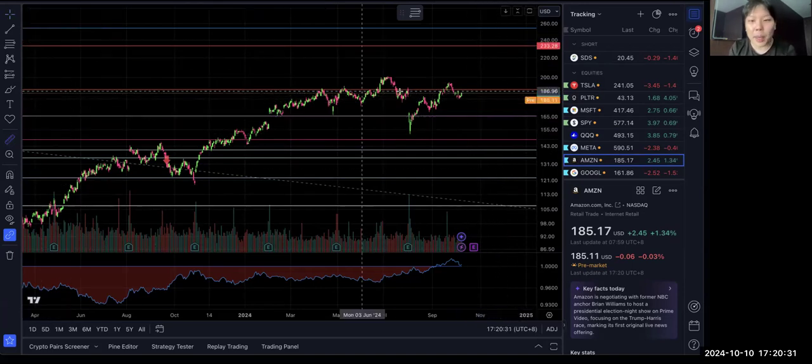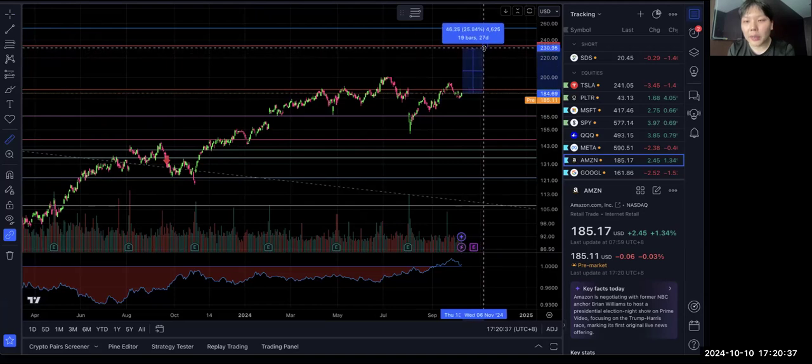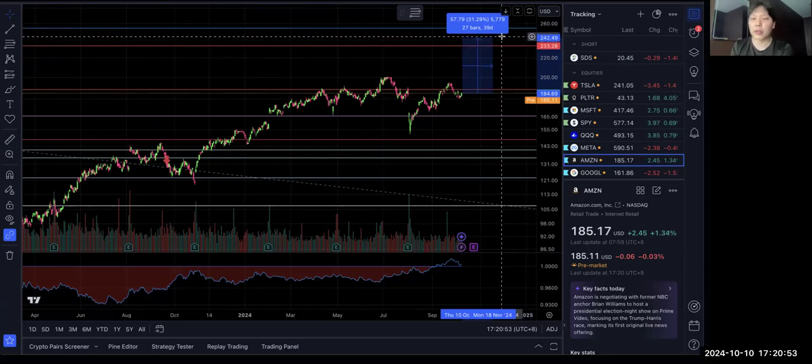So if I do a measured move from today's price, which is at 185, and bring it up to that range, it's about a 30% potential upside from here on out. So I will continue selling put options on Amazon until it reaches that range, and then I have to reassess, right?